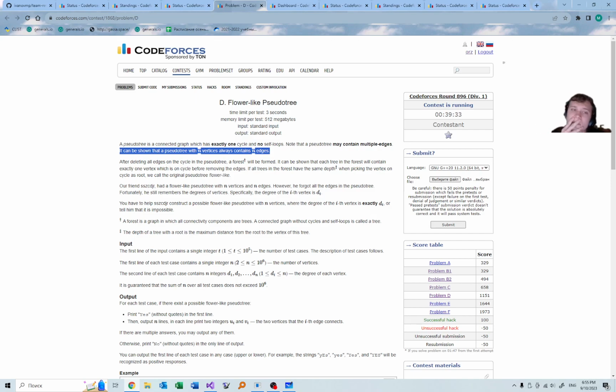So again, we know the degrees of all vertices. We need to construct a flower-like graph or tell that it is impossible.